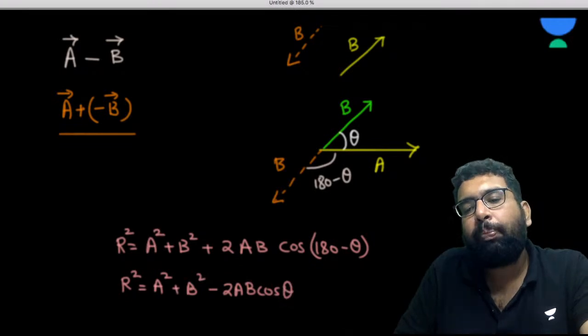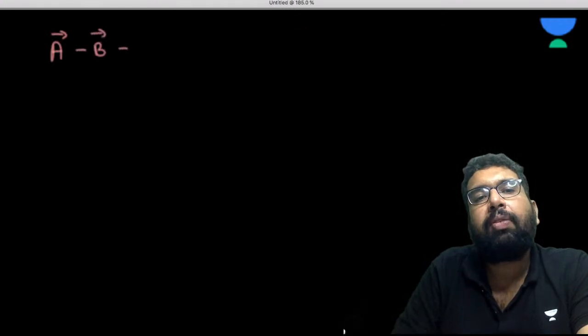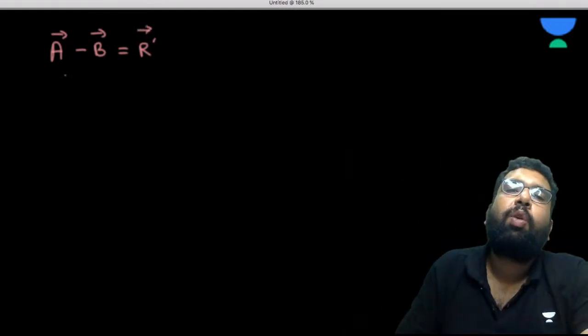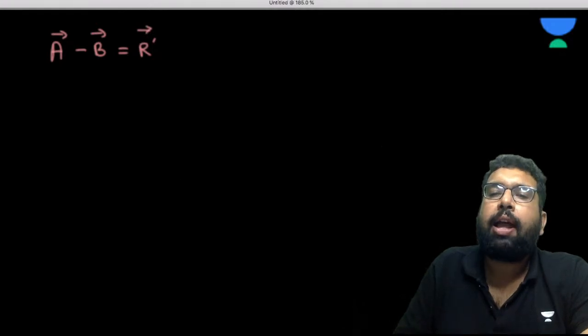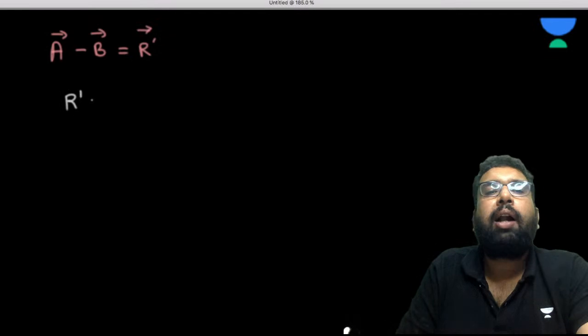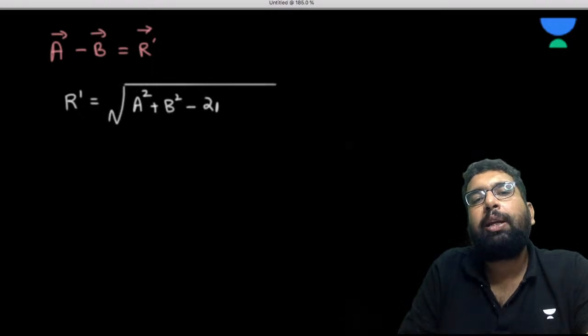Now people say, sir, this is the formula of vector A minus vector B. So if vector A minus vector B has a resultant, let's call it R dash, just to differentiate it from what we got previously, the magnitude of this R dash will be given by root over A square plus B square minus 2AB cos theta.